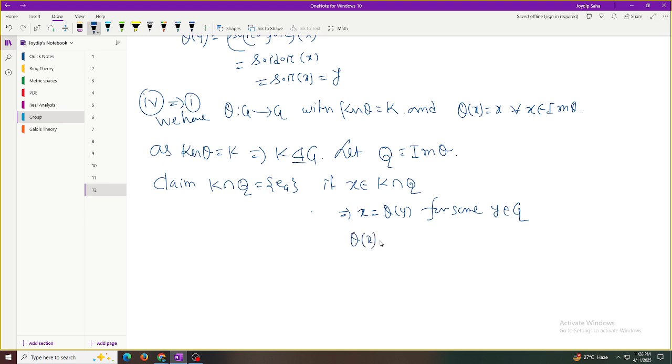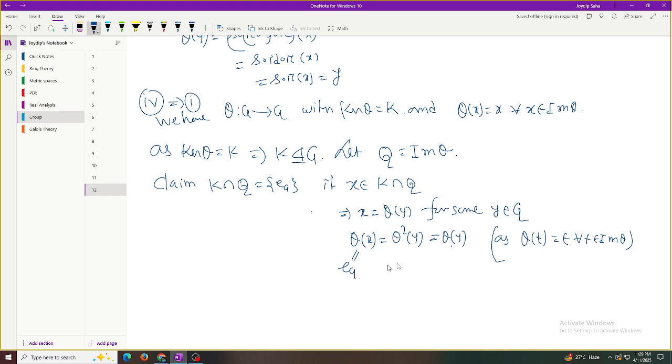So theta X equals theta square Y equals Y, because theta T equals T for all T belonging to image theta.